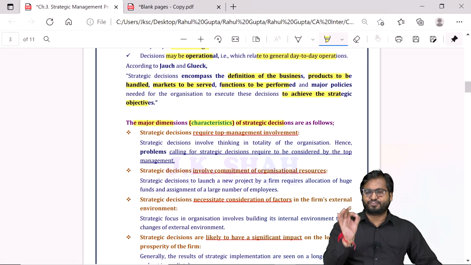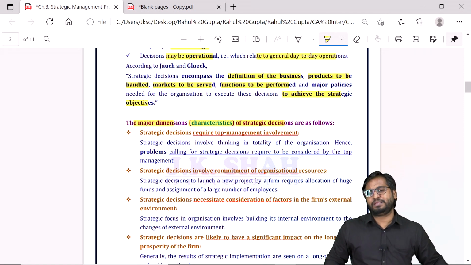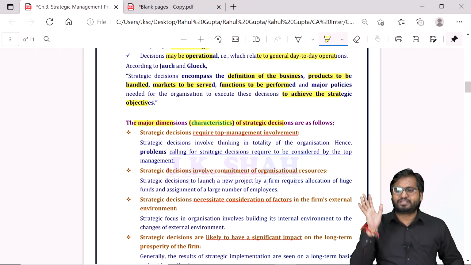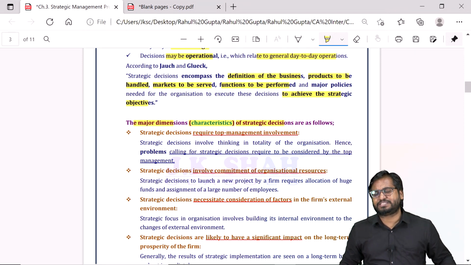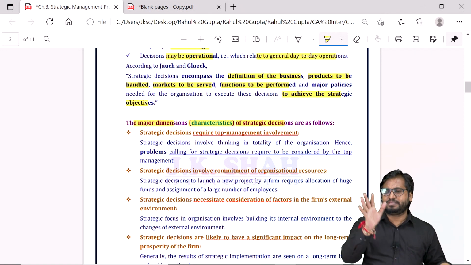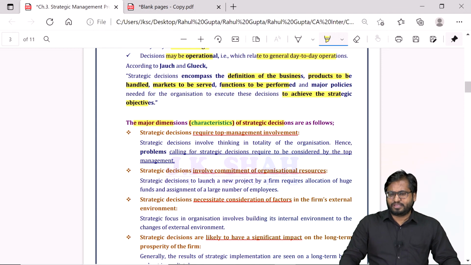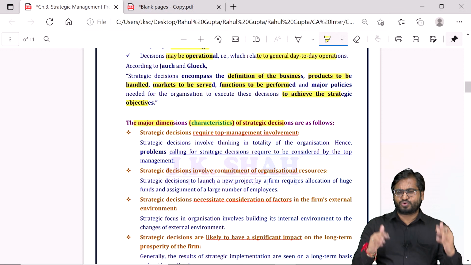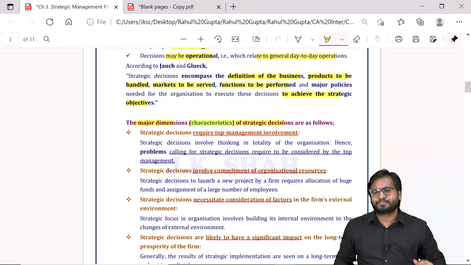So these are a few characteristics or dimensions of strategic decisions. This will also have multifunctional and multi-business consequences. What do you mean by multifunctional or multi-business consequences? If we decide to enter into electric vehicles, we will have to allocate more resources to this business.